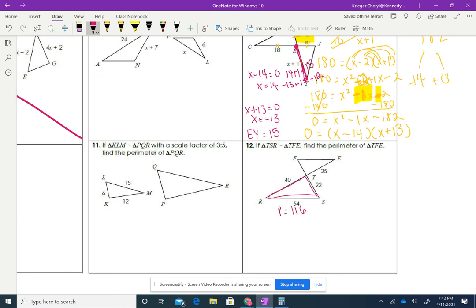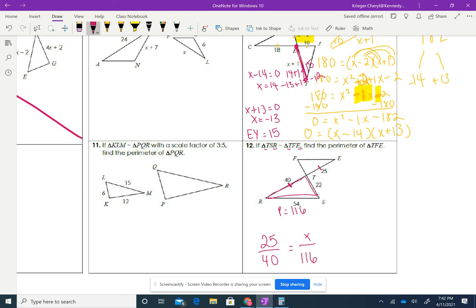Okay, and we know that TE corresponds with TR. So let's do, we will do 25 over 40 equals the smaller triangle's perimeter over the larger triangle's perimeter.